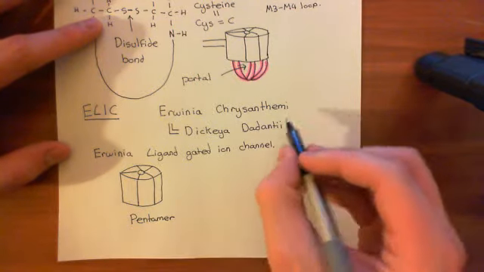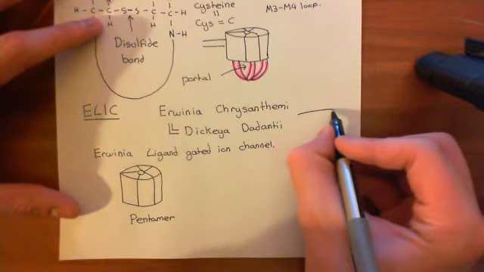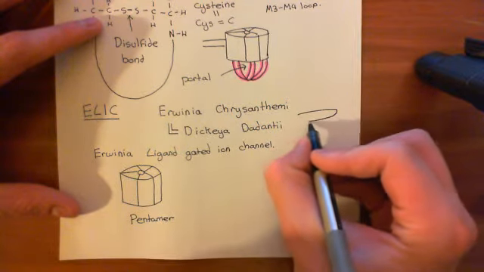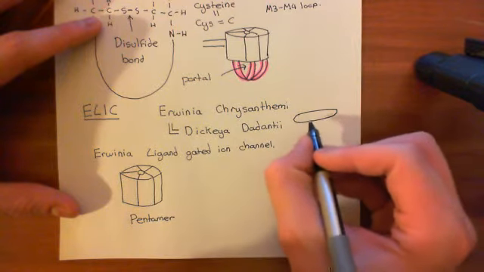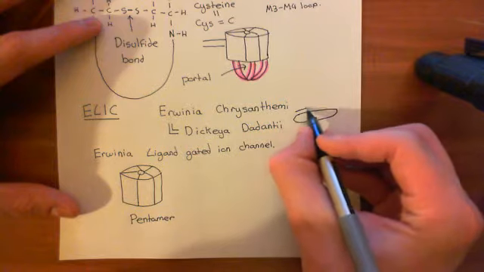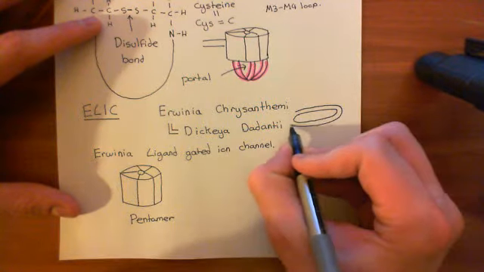And by the way, Erwinia chrysanthemi is a gram-negative bacillus. So gram-negative bacteria will have 2 cell membranes, an inner cell membrane and an outer cell membrane. So let me show this. So this is a gram-negative bacillus, or a rod.